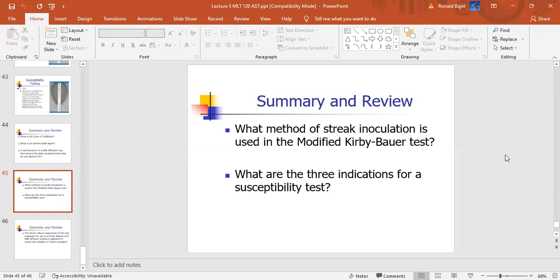It's pairs and chains because remember, if you're making a gram stain suspension, you're using that loop to really mix up your organism. So you're breaking up its natural morphology. You're going to get from clusters, you're going to get pairs and some chains there.